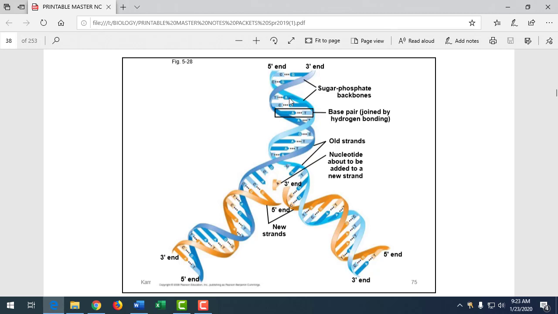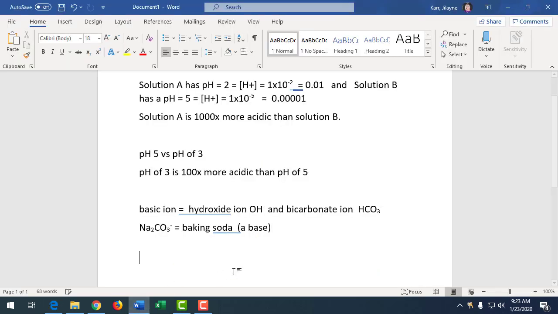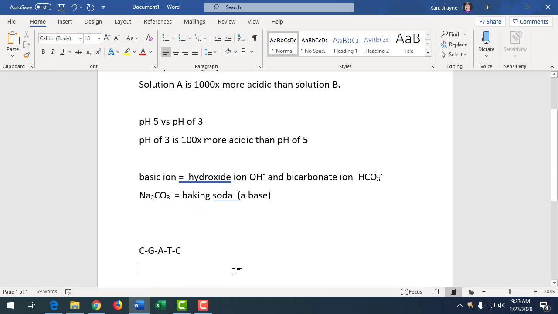Adenine always bonds with thymine, and cytosine always bonds with guanine. So if I told you one side of the DNA ladder was C, G, A, T, C, what would the other side be? G, C, T, A, G, right?